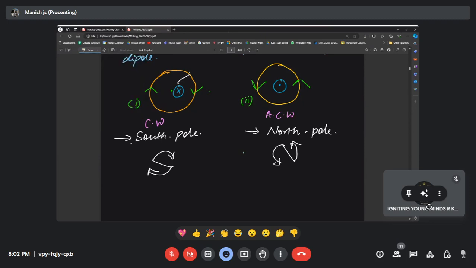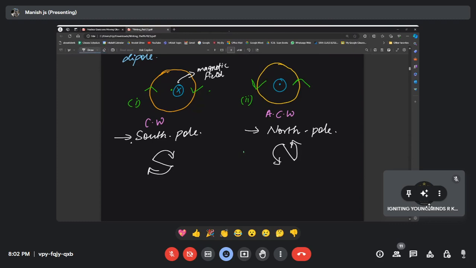Okay, so now here I am just mentioning that cross represents the magnetic field going inside and perpendicular, and dot represents the magnetic field outside and perpendicular to the plane of paper.